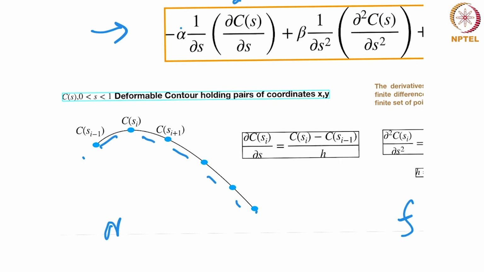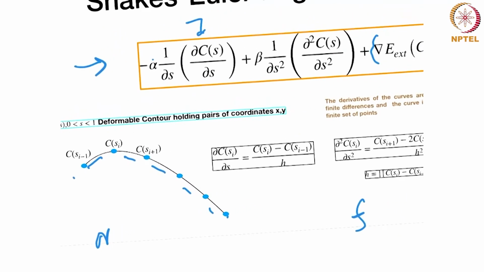So delta C over delta S at Si is nothing but C of Si, which means the xi comma yi at that point, minus C of Si minus 1, divided by h, where h is the distance between these two points that you have discretized. So that's the first derivative.